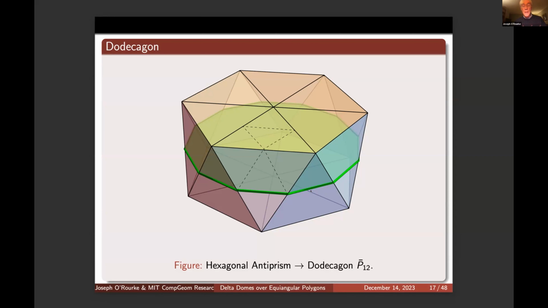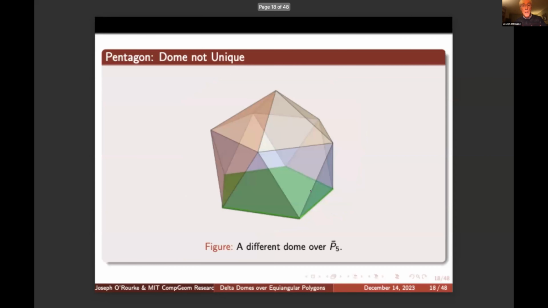I mentioned that I showed you 3 different ways to dome a square, just to make the point that there are many ways to do this sometimes. And here's another example. This is a different doming of a pentagon. So I showed you doming a pentagon using a pentagonal pyramid.